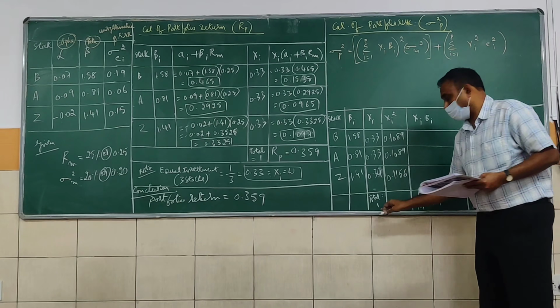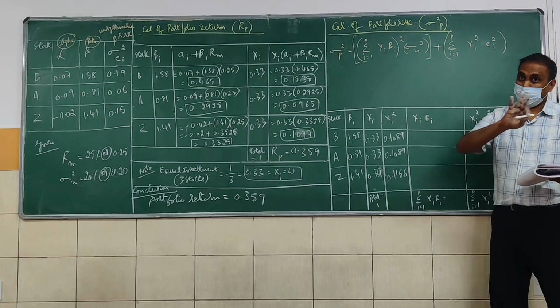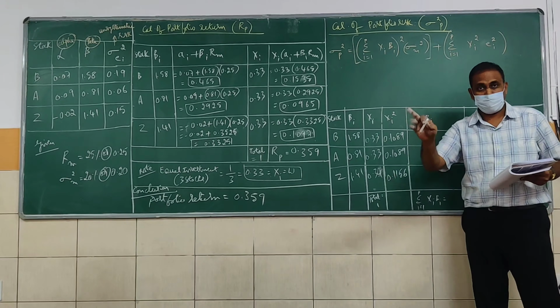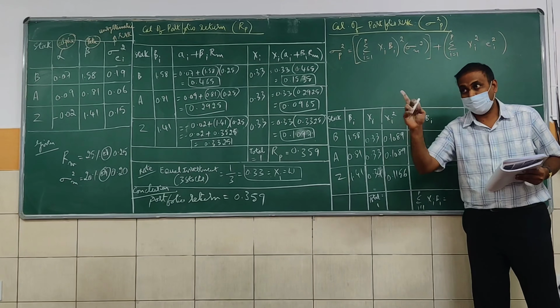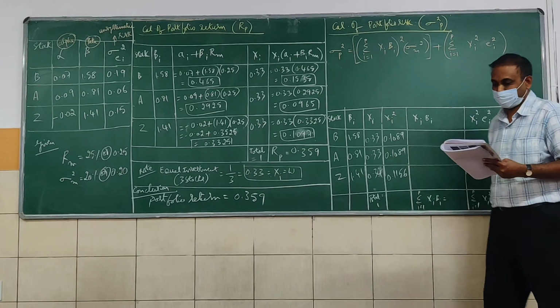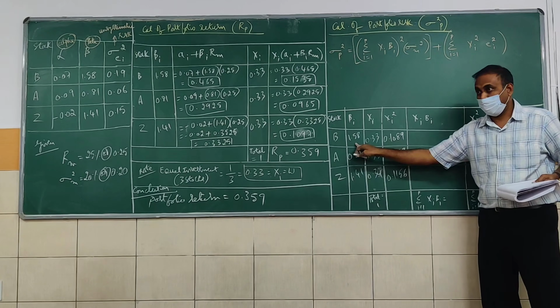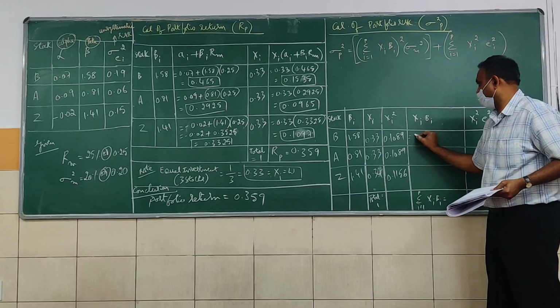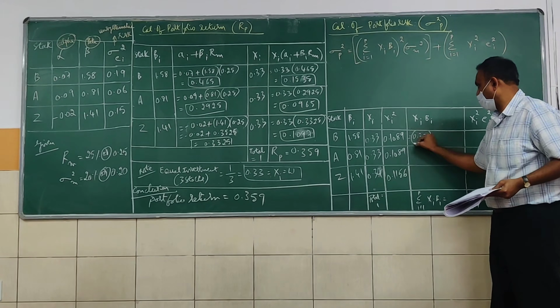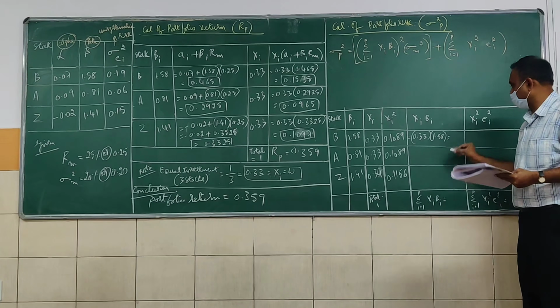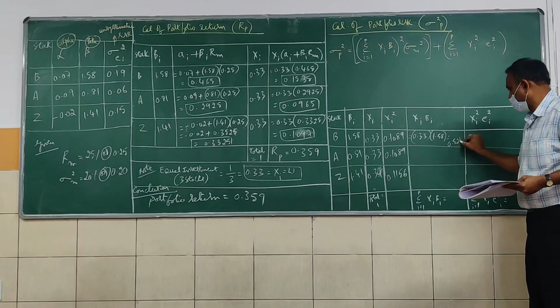Remember, if you take 0.33, you get a nearest value, but it is not going to be perfect because the total is not equal to 1. Investment will not be equal to 1. Xi into Bi. 0.33 into 1.58, 0.52.